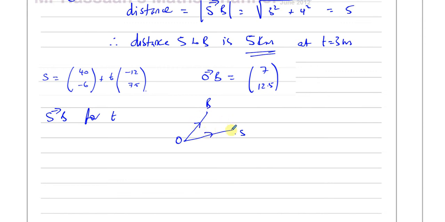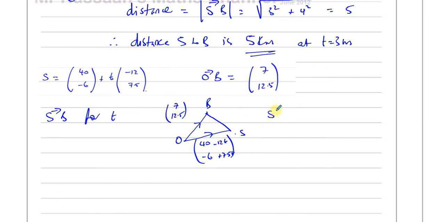So we know that this vector here is given by this, which we can write as 40 minus 12t and minus 6 plus 7.5t. And we know OB is 7, 12.5.